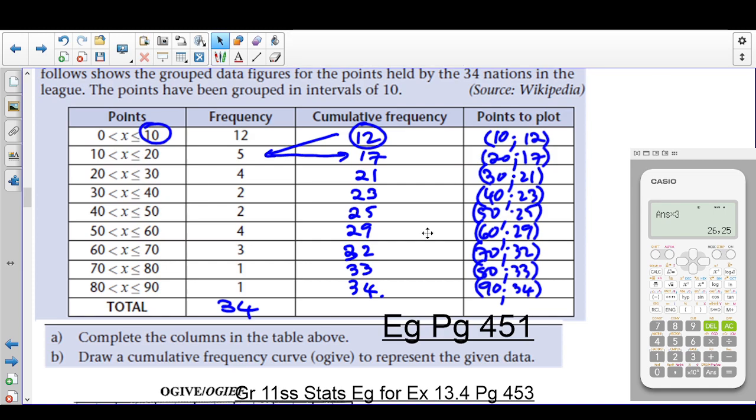Then we are told to draw the cumulative frequency curve, which is the ogive, to represent the given data. So I just need this column here. So, to copy it.